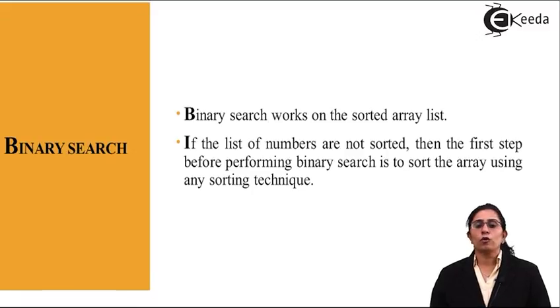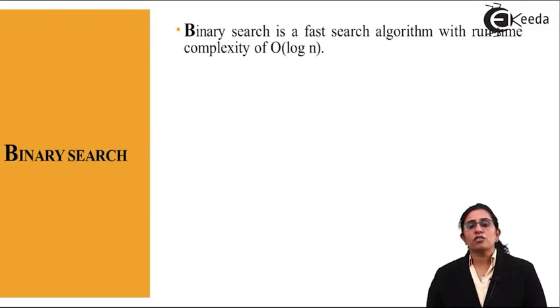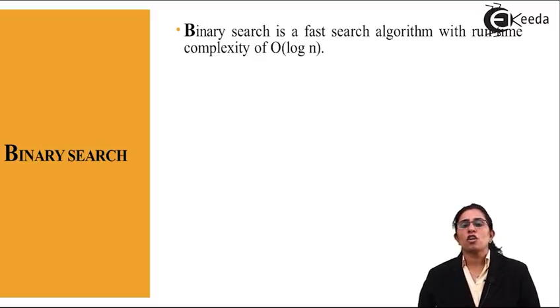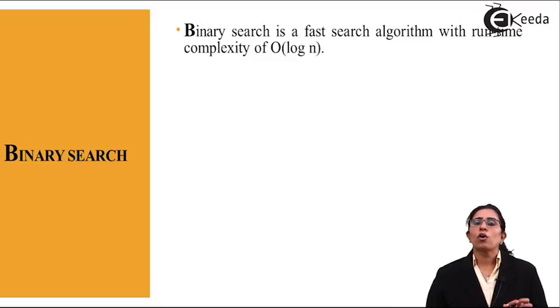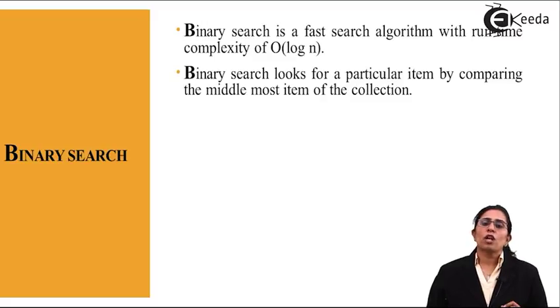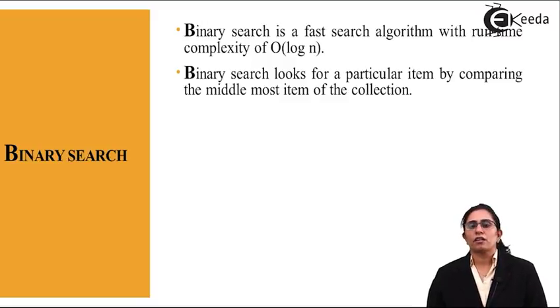Binary search is a fast search algorithm with a runtime complexity of O(log n), that is, big O log n. Binary search looks for a particular item by comparing the middlemost item of the collection.